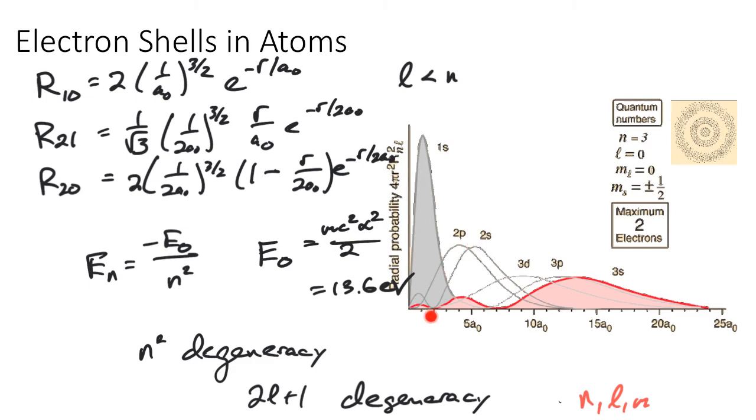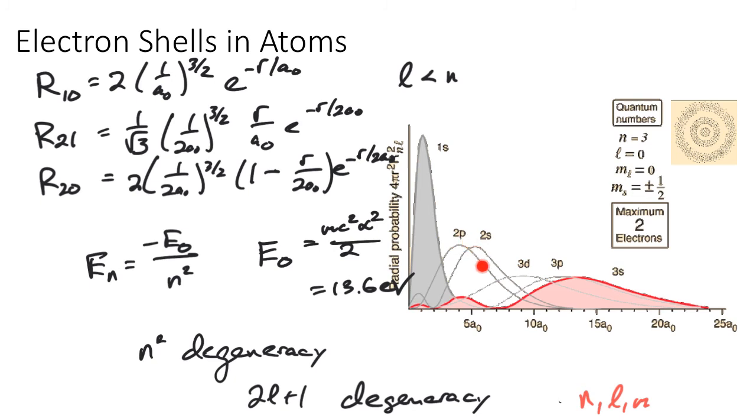The 2p and the 2s, by the way, s means L equals 0, P means L equals 1, D means L equals 2. So the two L possibilities for n equals 2, L equals 1 and L equals 0, are shown by these two plots.